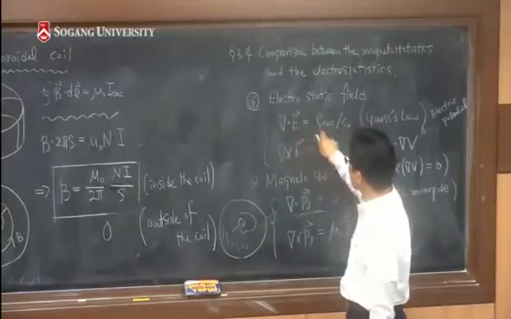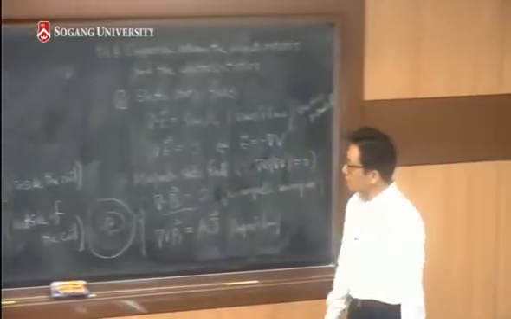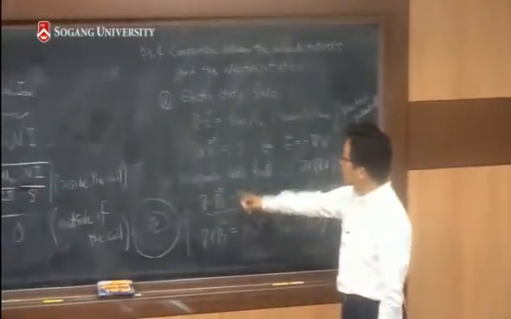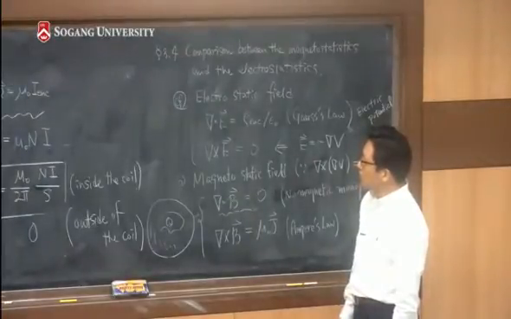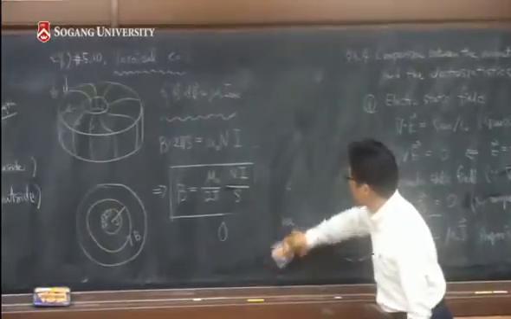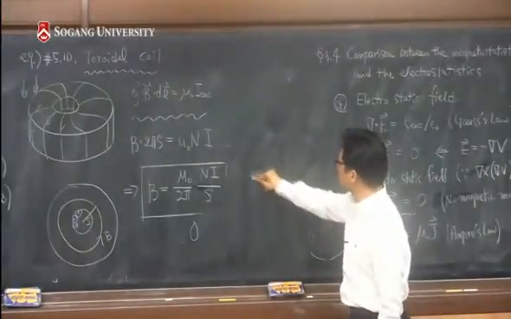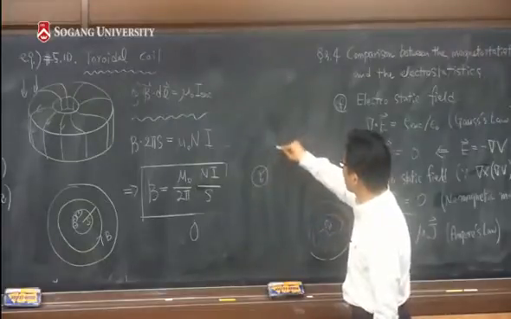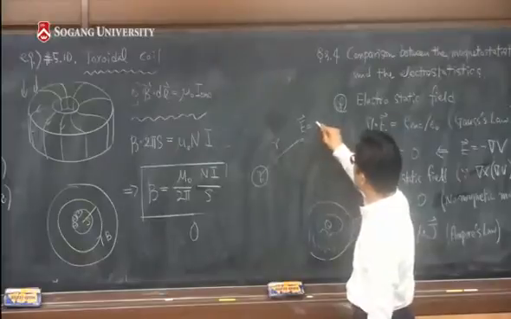Okay? And that is possible because the electric field can be generated by a point charge at a distance r. So you have an electric field like 1/4 pi epsilon 0 times q divided by r squared.